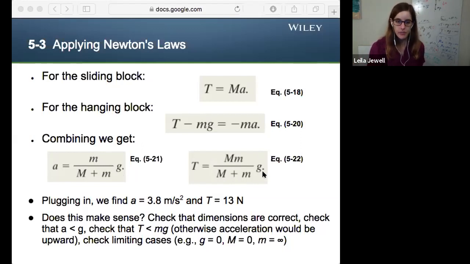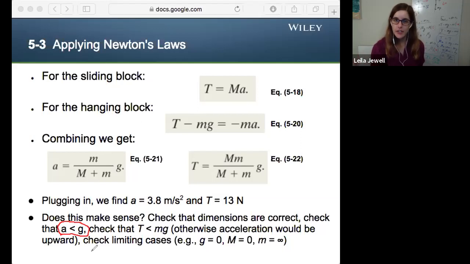Awesome. We can also check that the acceleration is less than g, right? If we get an acceleration that's greater than 9.8, then there's either a rocket pack on these blocks or we made a calculation error somewhere. So the magnitude should be less than g.